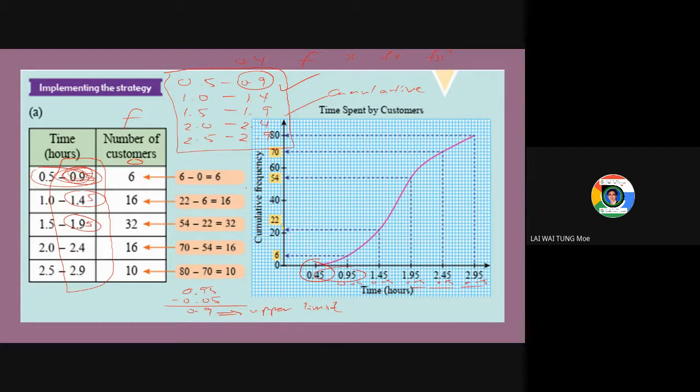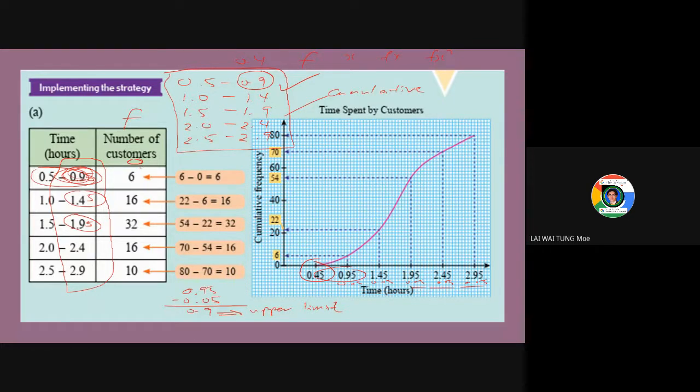The first frequency is always 0. For this 0.4, the cumulative frequency is 0. So the first frequency should always be 0, which is the class interval before the first class.